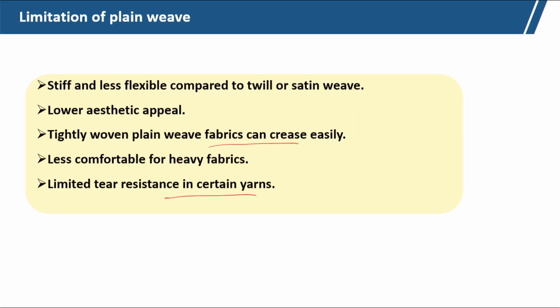As the floats are less and the number of interlacements are high, the chances of grouping of threads are least. Unlike the satin weave where the floats are high and grouping of threads can take place. So, that is why there you will have the higher tear resistance.